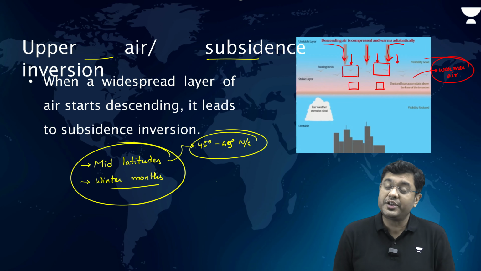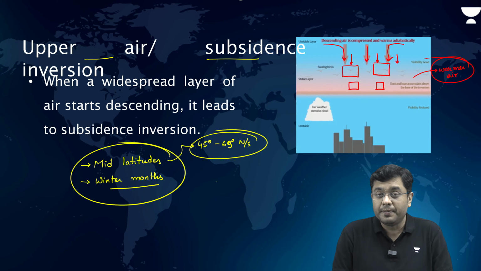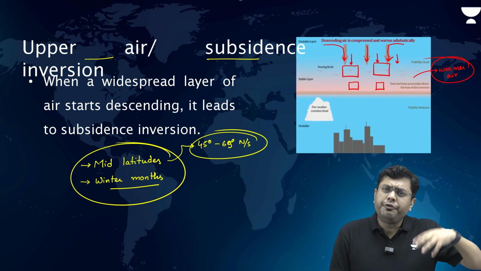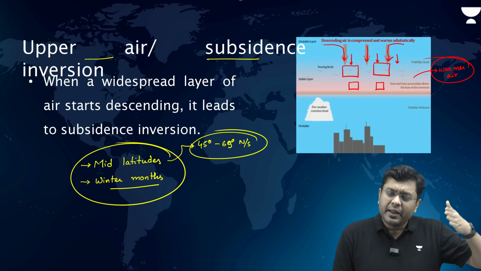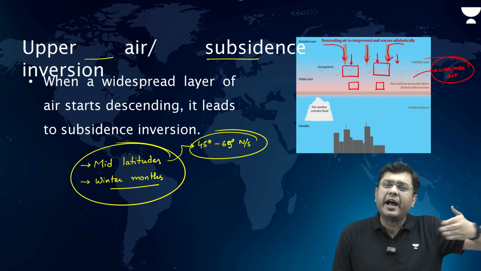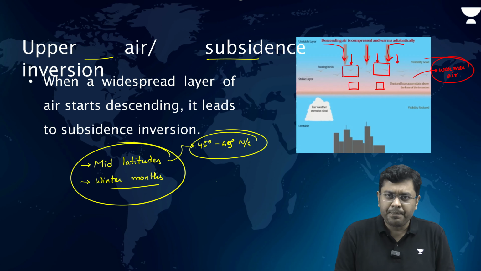Oftentimes, factors like jet streams end up fueling this subsidence inversion. You had the very infamous case of the 1952 London smog, where this subsidence inversion was created in the region of London, and all the burning of coal and all the fossil fuels, the emissions remained in the lower atmosphere for a long period of time.